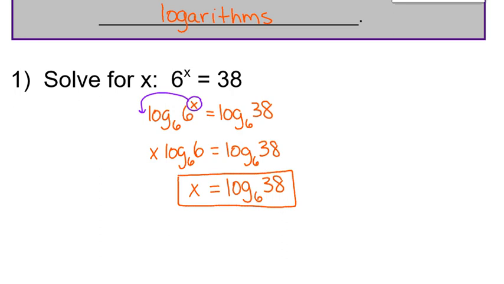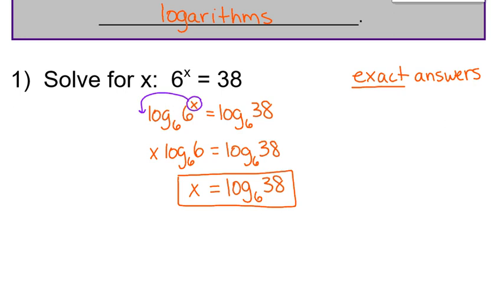We're going to answer with exact answers as well as approximate answers. But my emphasis is really on exact answers, especially when you have to use them for something else. Exact answers are going to preserve accuracy. Now it's possible that if you use a different log, you'll get a different looking exact answer that's equivalent to this.